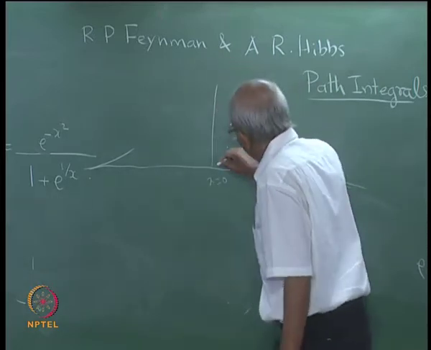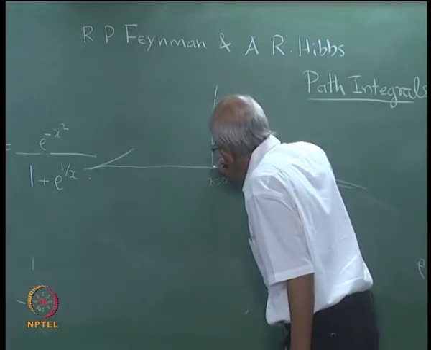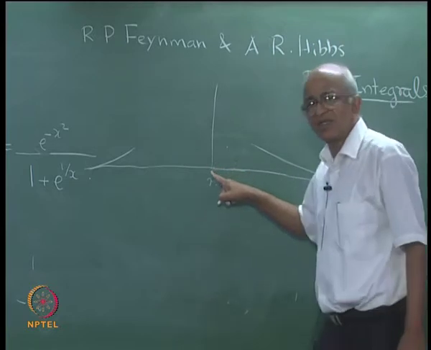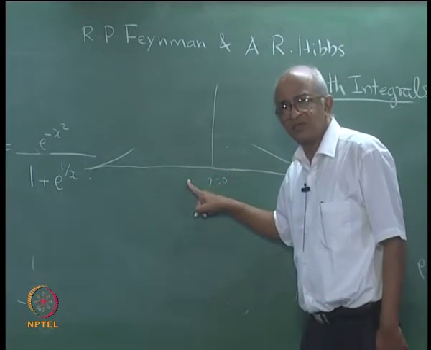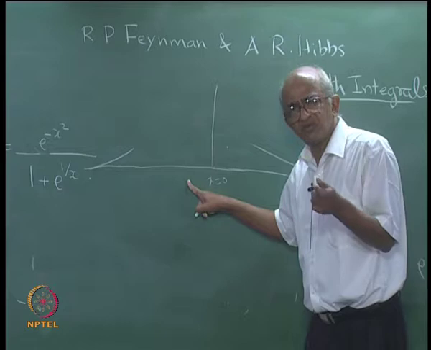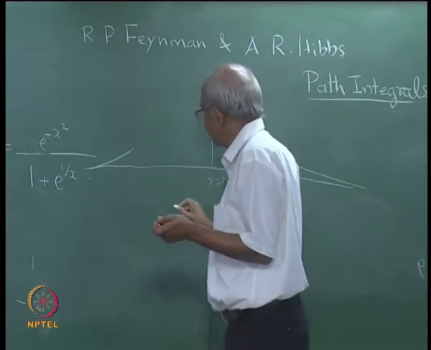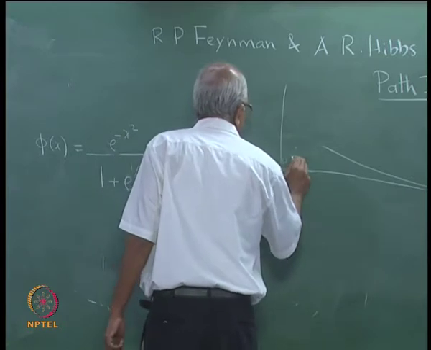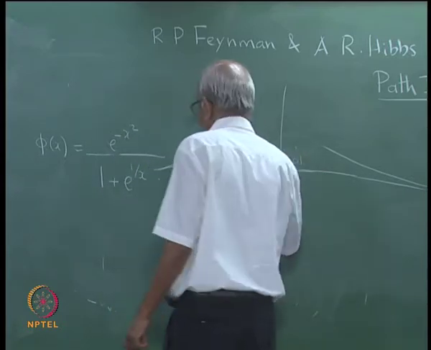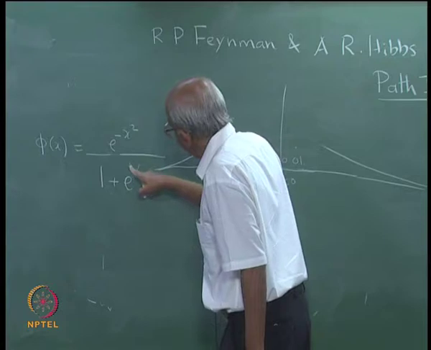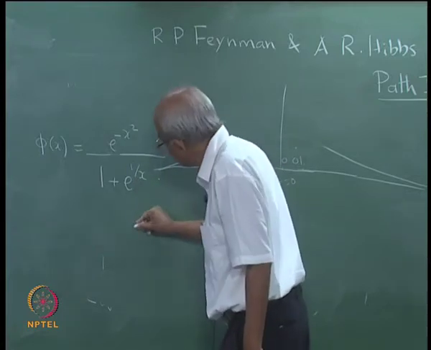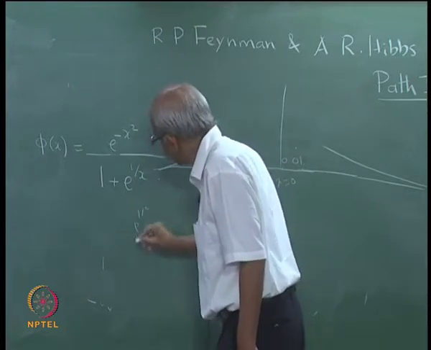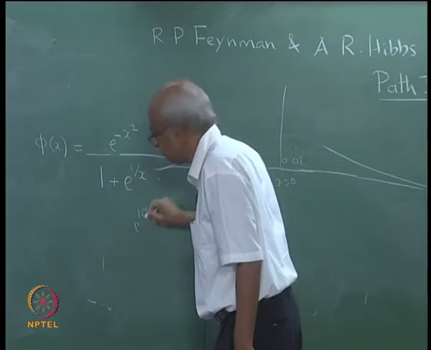Suppose you are somewhere very close to x is equal to 0, but on the right side of x is equal to 0. It means the value of x is very small, let us say this point is at 0.01. So, this x is going to be 0.01, that means I am going to have e to the power of 100 here, correct.